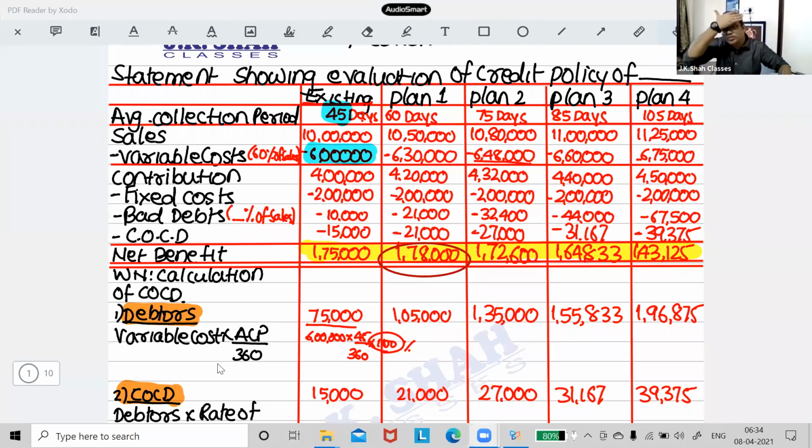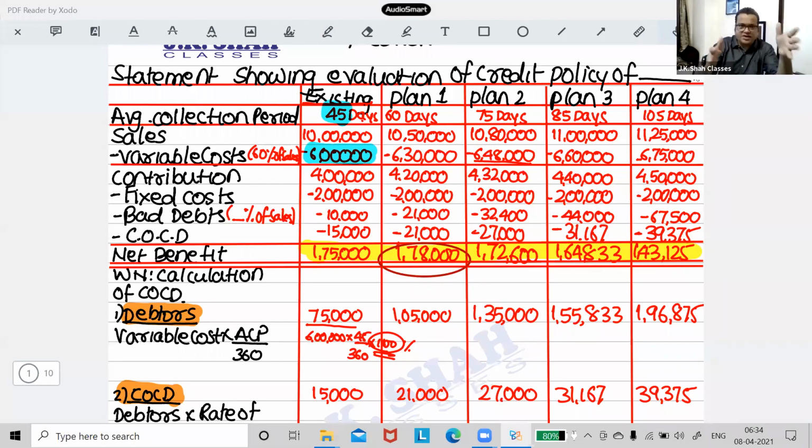That means for all 100% of debtors, we are giving only one credit period of 45 days. Now my question is this.